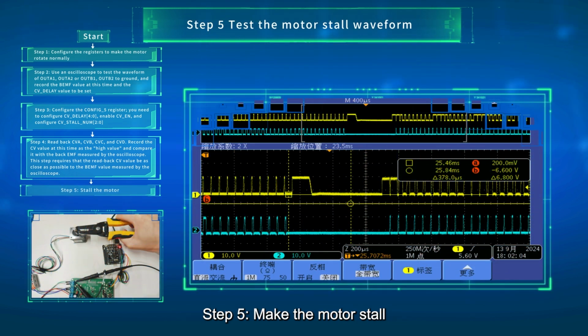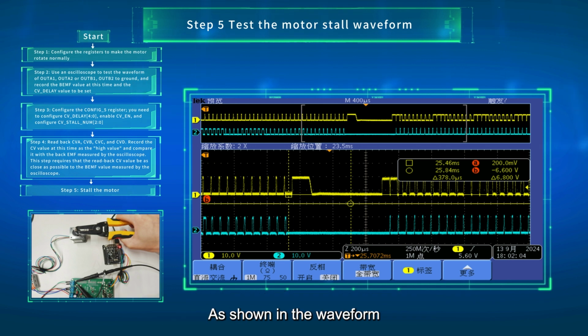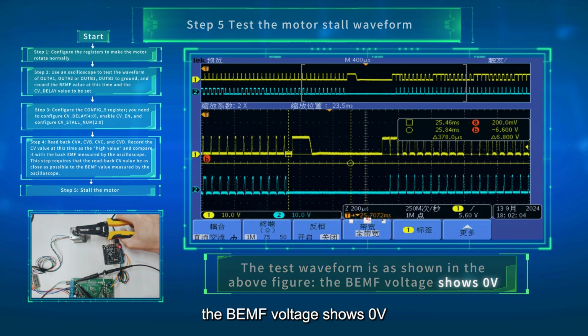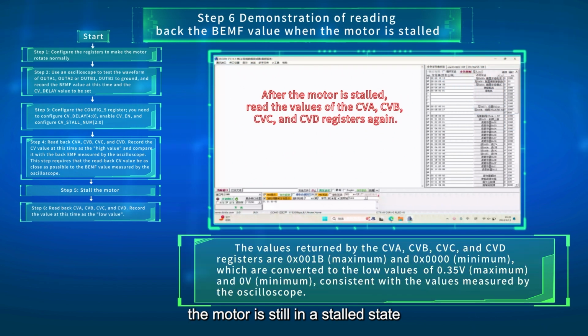Step 5. Make the motor stall and measure the waveform of out A1 to ground and out A2 to ground again, in the same way as in Step 2. As shown in the waveform, the BEMF voltage shows 0 volts. Step 6. At this time, the motor is still in a stalled state.